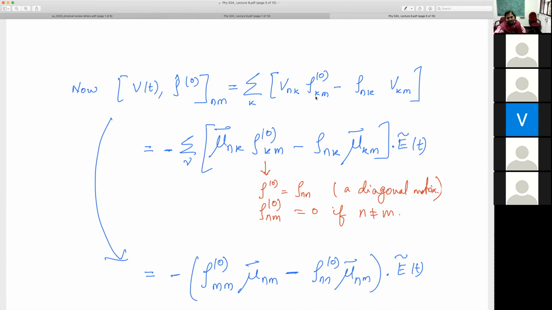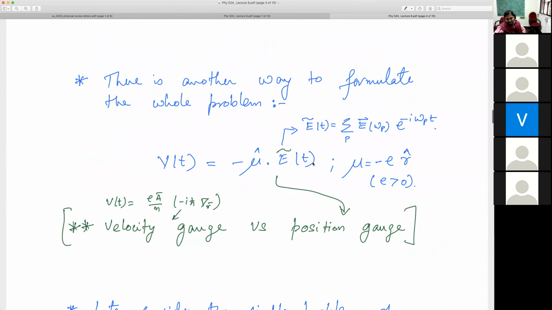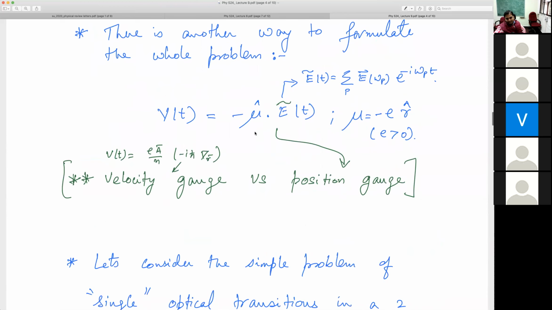Then for V, I will just substitute from this light matter interaction form, minus mu dot E, where mu was minus e times R, and R is the position operator. So the dipole. The energy of a matter changes in the electromagnetic field by means of the dipole of that atom with the electric field amplitude.